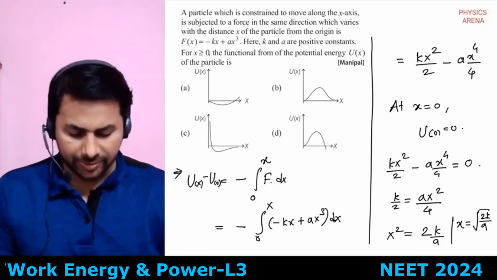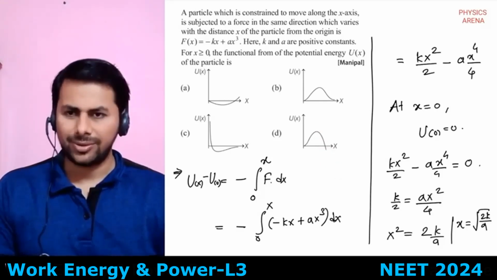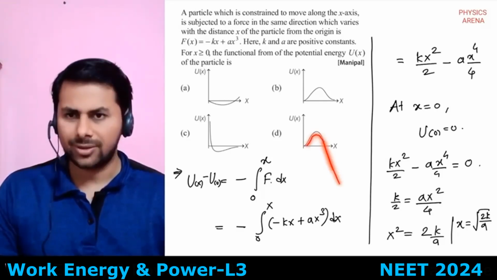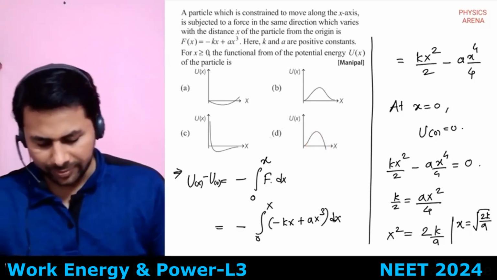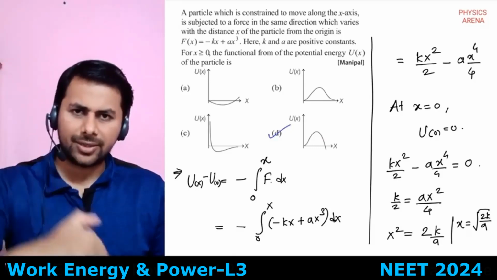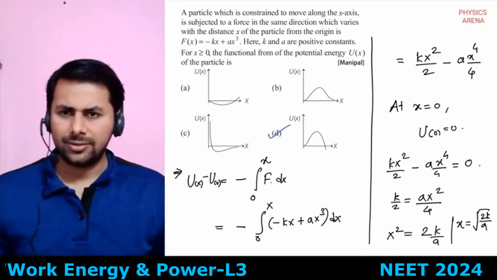So in which one is it becoming negative? In option D, no. U is going like this, down and down, right? So it's option D. As x increases, U becomes more and more negative. Okay, it's falling. So is this thing clear?